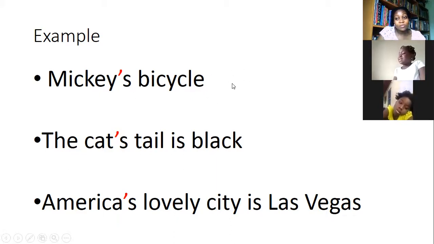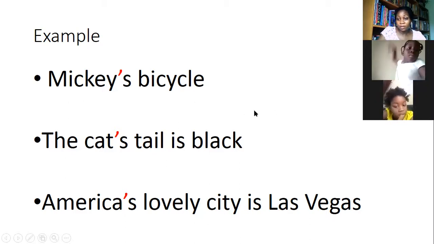So the noun must always follow it, just like the way a baby will follow its mother. Do you understand? Because the baby cannot be on its own without its mother, and the mother too cannot ignore the baby. So just like the way the baby will follow its mother, that's the same way the noun has to follow the possessive adjective to make it complete.